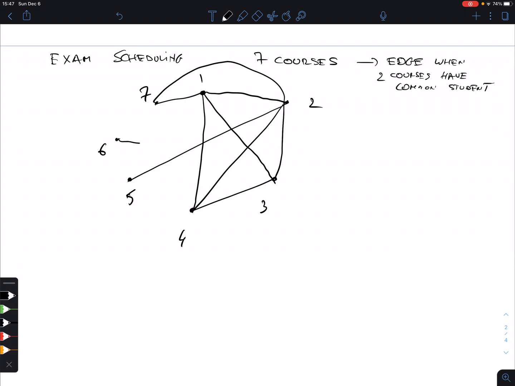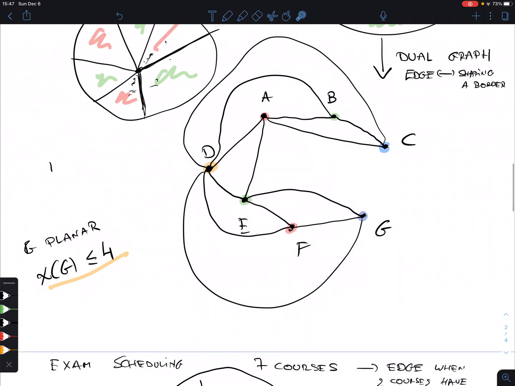I'm not concerned about crossings. By the way, whether I draw this graph as a planar graph or as a graph with a lot of crossings, that doesn't change the coloring, the chromatic number. I hope this is clear.